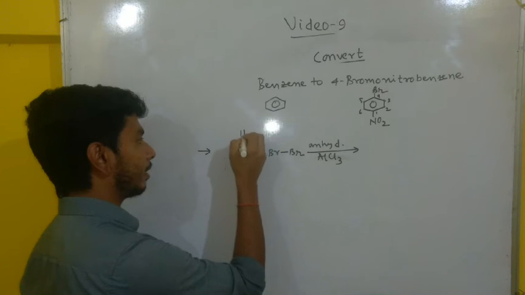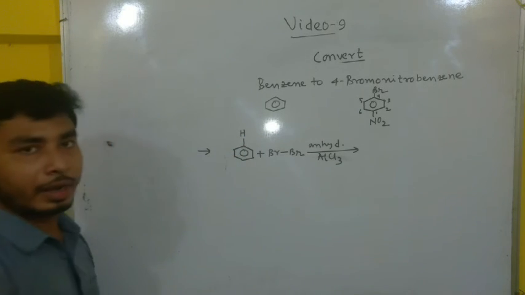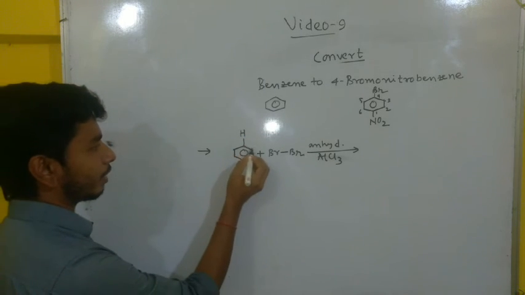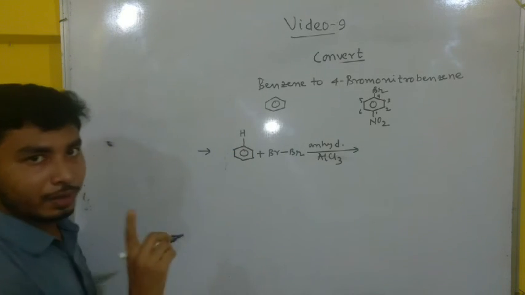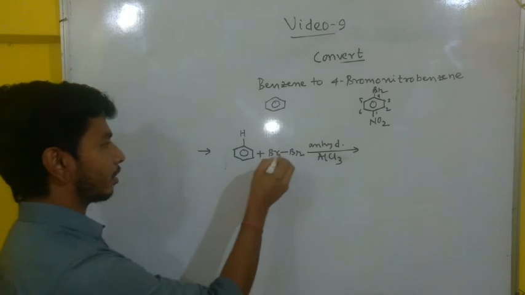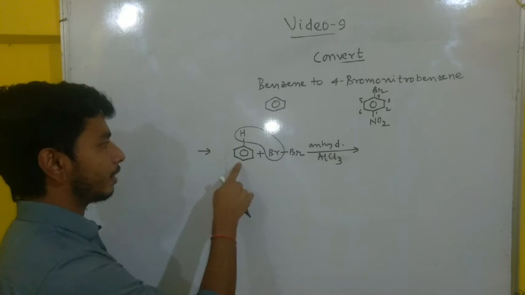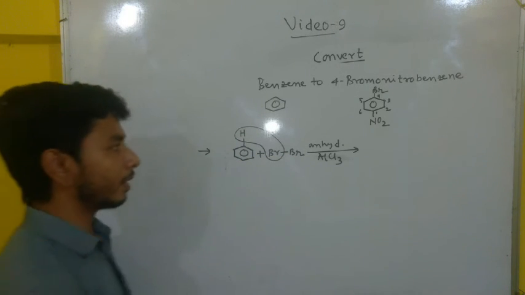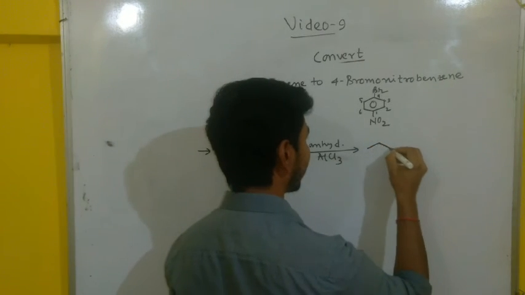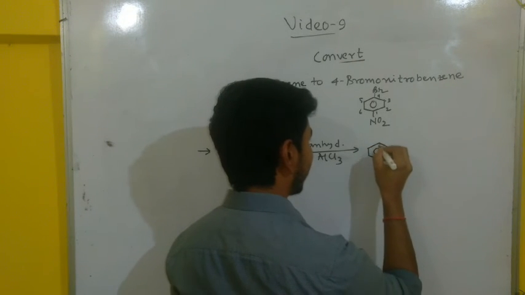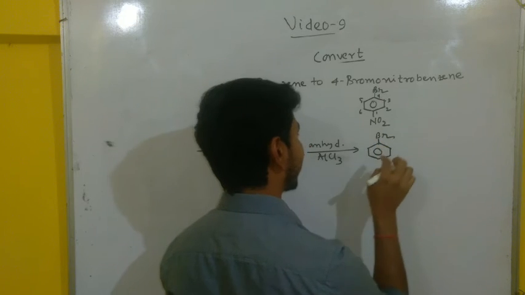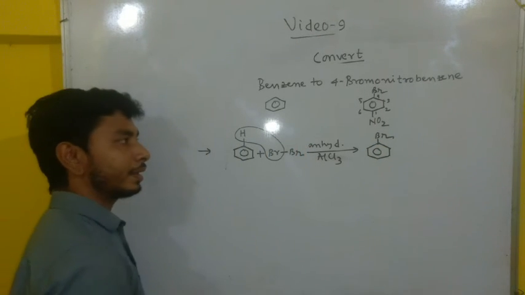Now in benzene each carbon atom carries one hydrogen. There are total 6 carbons, and each and every carbon atom carries one hydrogen. So now here H and Br, this HBr is removed. Now the benzene ring will get attached to the bromine. So we are getting bromobenzene.